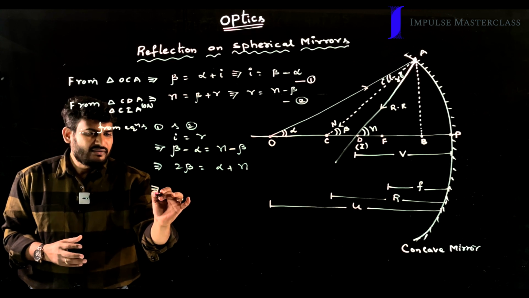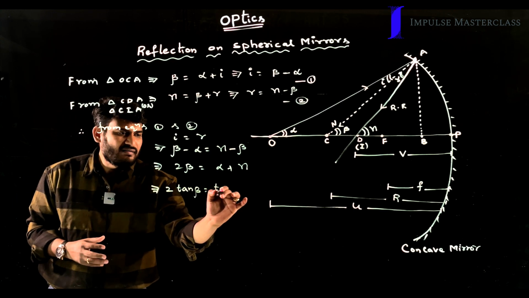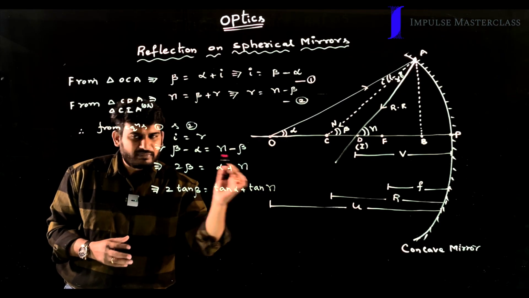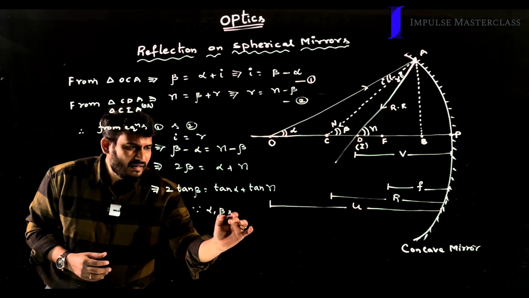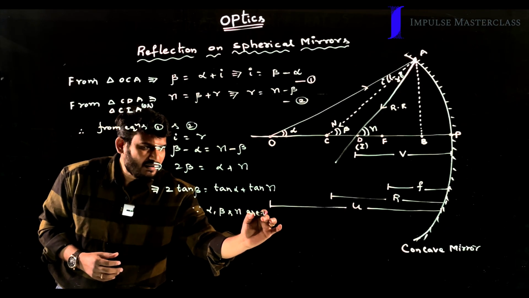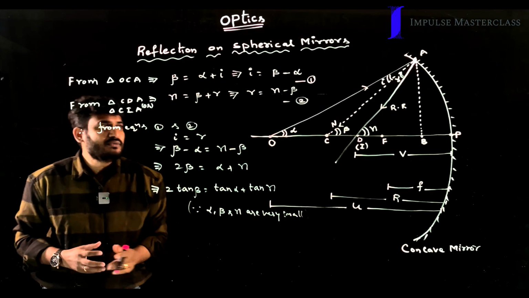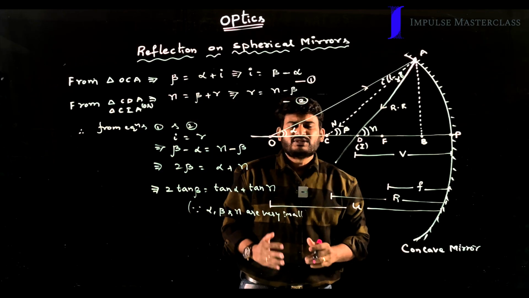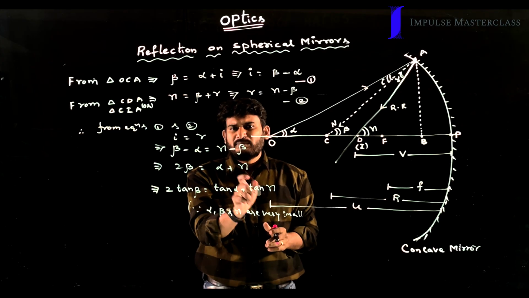So from here we can write 2 tan beta is equal to tan alpha plus tan gamma, because here alpha, beta and gamma are very small. Students, I already told you this light ray is paraxial, meaning less than 10 degrees, so alpha is very small.